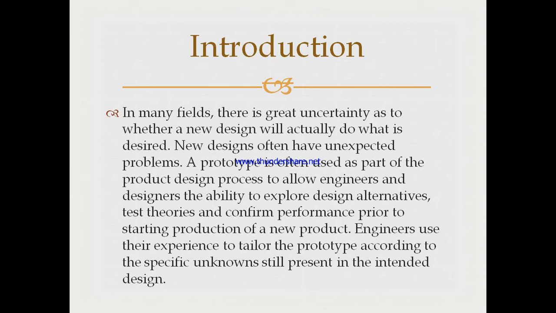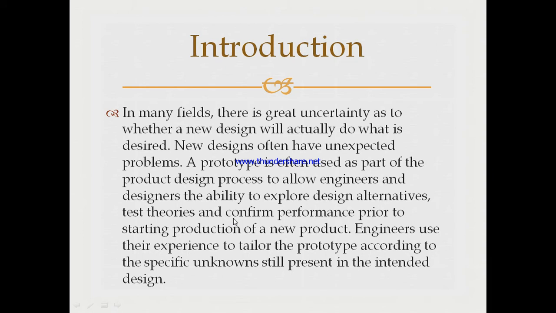In this case, first design the component, then manufacture it, and then trial it. But nowadays, before going to trial and error, the new design is manufactured using rapid prototyping, and the actual theory is analyzed. A new design often has unexpected problems.